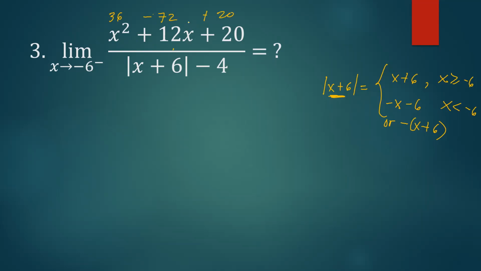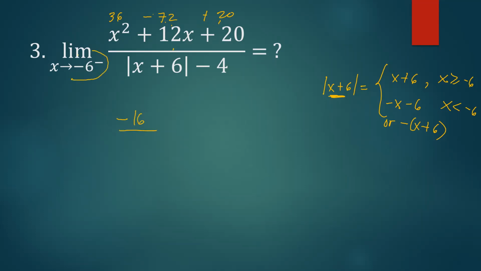So that's 56. 56 minus 72. Ayan, hindi siya 0/0, no? So 36 plus 20 is 56, we subtract 72. 56 minus 72 equals negative 16.